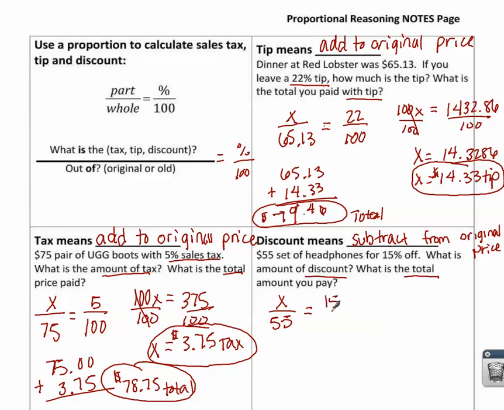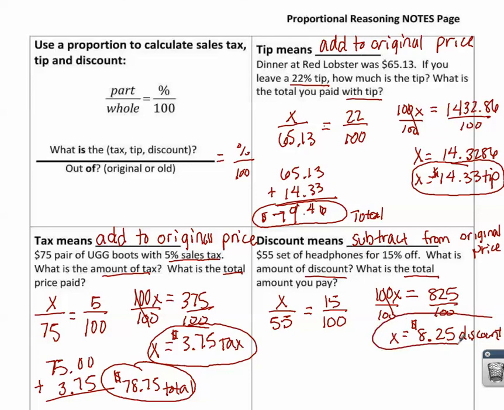Your percent is 15% over 100. Cross multiply or use your butterfly method. So that's X times 100 is 100X. 55 times 15 is going to give you 825. Solve your one-step equation by dividing by 100, and you're going to get $8.25. This is your discount.